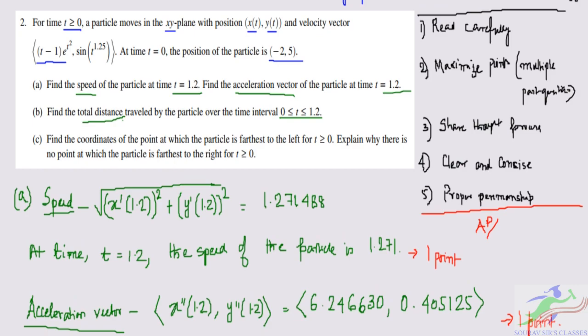Part C. Find the coordinates of the point at which the particle is furthest to the left for t greater than or equal to 0, and explain why there is no point at which the particle is furthest to the right for t greater than or equal to 0. Okay.